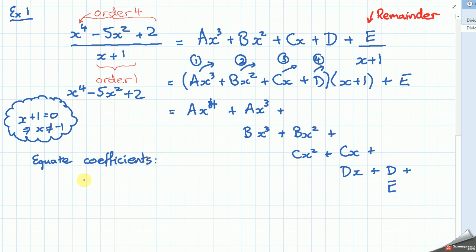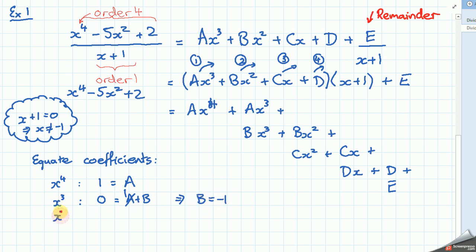So x to the 4 tells me that 1 is equal to a. X cubed, well, there is no x cubed here, so its coefficient is 0, and that's a plus b. A is 1, so we now know that b is minus 1.